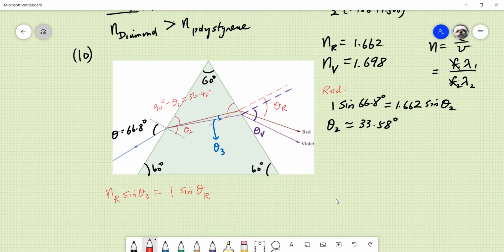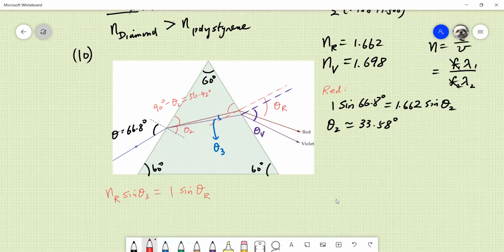I thought that the red and the violet were supposed to be on opposite sides. No, the problem with this question is they have two pathways here. You got confused. I should have drawn only one path. Don't worry about the violet right here; we have nothing to do with the violet.